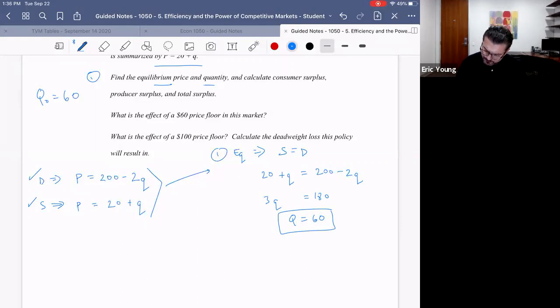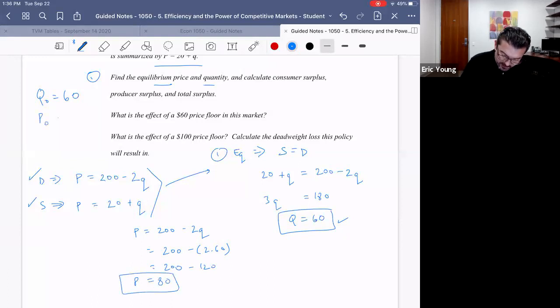Let's just take this Q of 60 and dump it into either of these equations. So on the demand side, we said that P equals 200 minus 2Q equals 200 minus 2 times 60 equals 200 minus 120, so P equals 80.